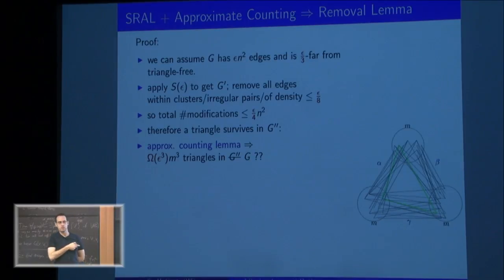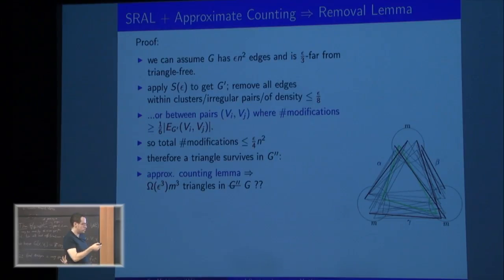But we can't apply the approximate counting lemma simply because we're not in the setting. Our setting requires that the number of forbidden edges, or the number of modified edges, be bounded, at most 1/6 in each bipartite graph on these three pairs. Which is why we might have tons of forbidden edges, which is why we're going to augment the cleaning phase.